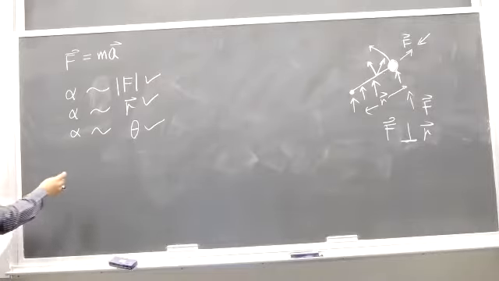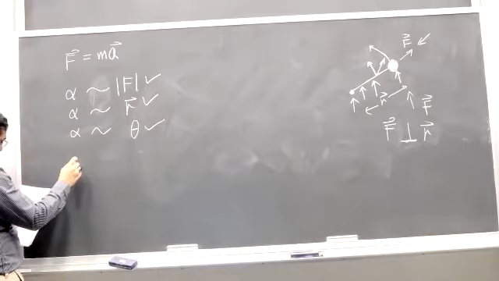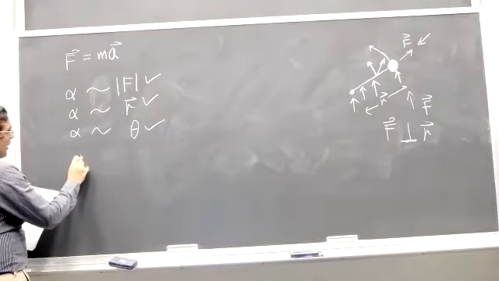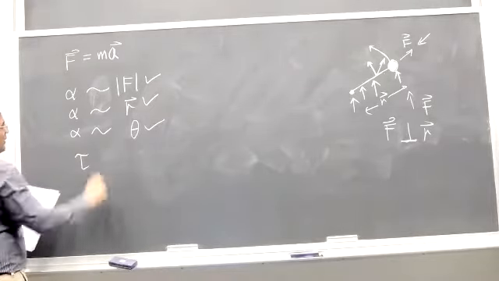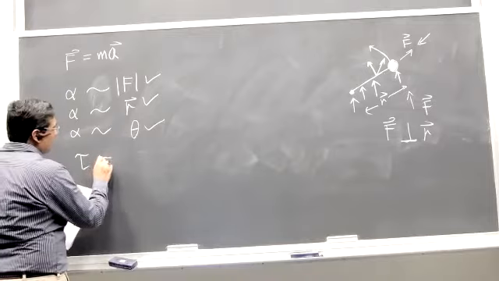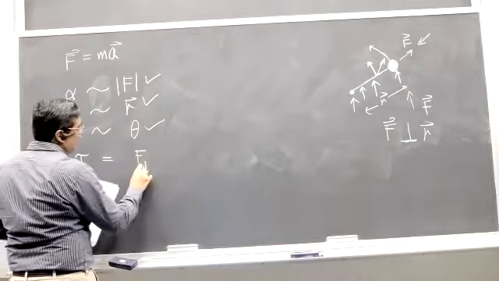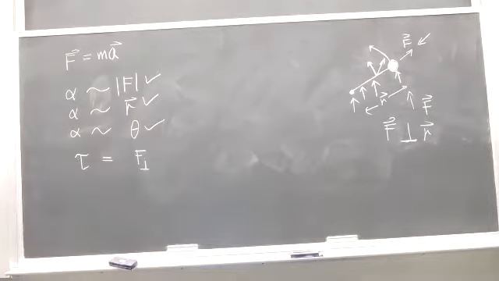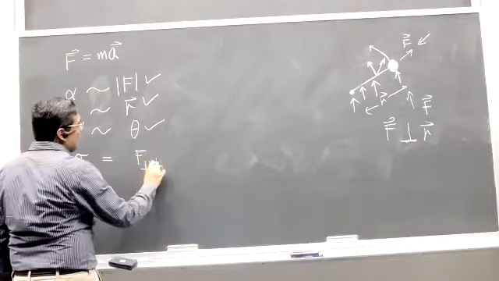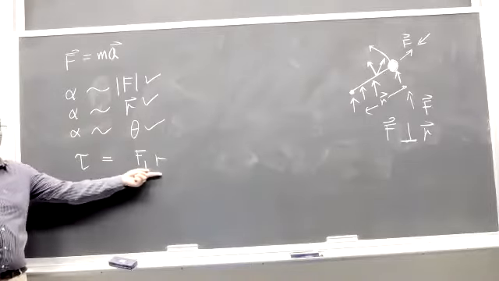So then it seems a reasonable choice that if we write that whatever agency produces the rotation, let's call it tau, is equal to the perpendicular force times the distance from the axis of rotation where this force is being applied.